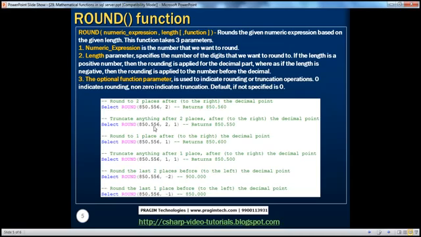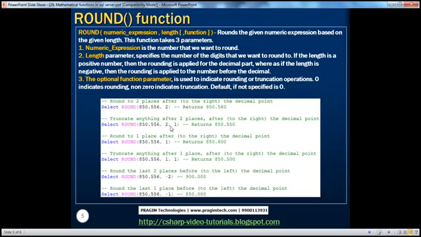Okay, so I want to round this number to 2 decimal places. That's what you are telling. Okay, so this number is 850.556, and you are saying I want to round this to 2 decimal places with the help of the second parameter. Okay, so obviously what happens, this will be rounded to 85. Actually, we picked the wrong example.